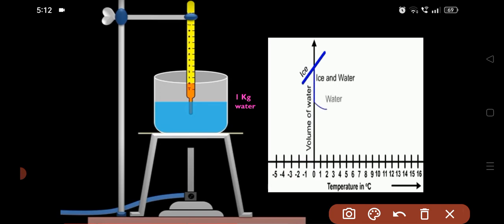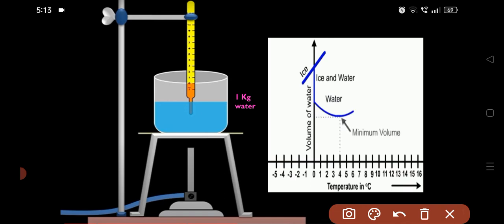So from 0 to 4 the volume will decrease, then from 4 onwards, if the temperature increases, the volume will increase. At 4 degrees Celsius the volume is minimum, and this behavior between 0 to 4 degrees Celsius is called the anomalous behavior of water.